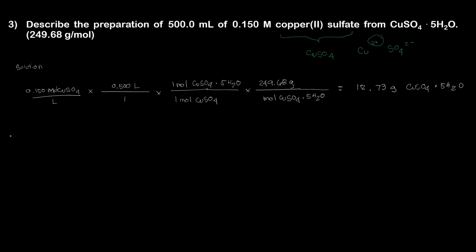To describe the preparation of this solution, let's start with what? Weigh 18.73 grams of copper sulfate 5H2O. Then place it in a 500 ml volumetric flask.